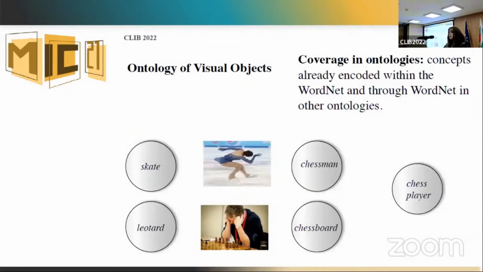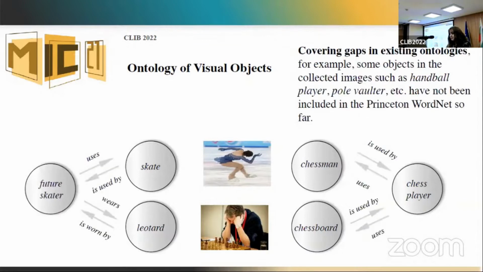Another criterion is coverage in ontologies. So we tried to insert in our ontology concepts which are already encoded in WordNet, and through WordNet in other ontologies, because we wanted to benefit from the knowledge which was already formalized. And the last criterion was covering gaps in existing ontologies.